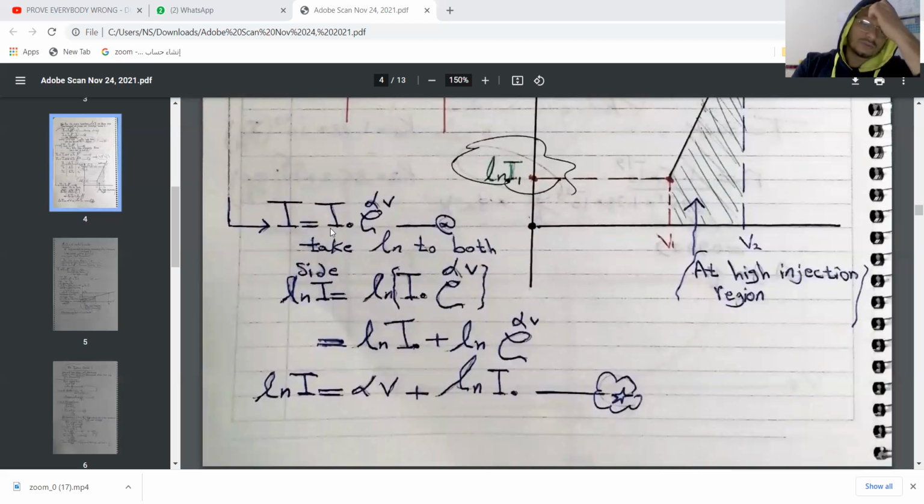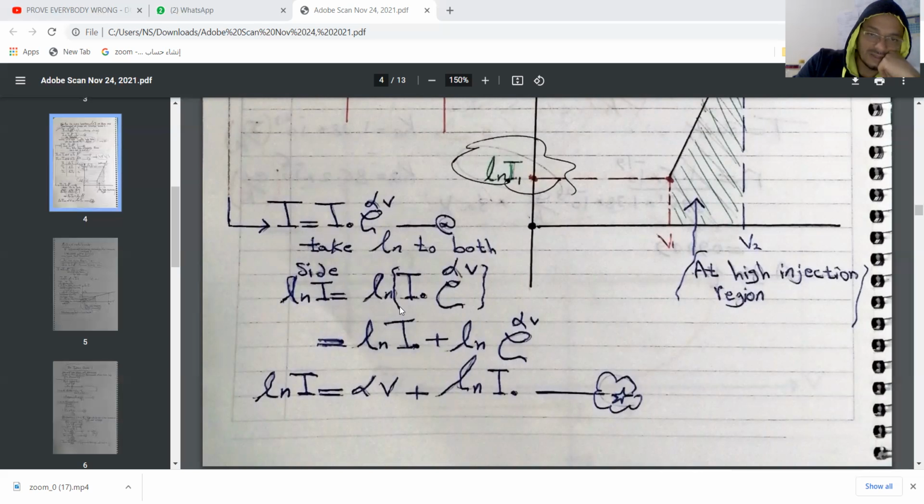Here, all depends on this equation: I equals saturation current times exponential alpha V. Let's take ln of both sides. ln I equals ln of saturation current times exponential alpha V, between two brackets.